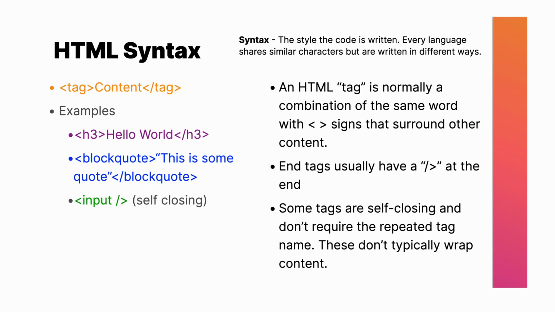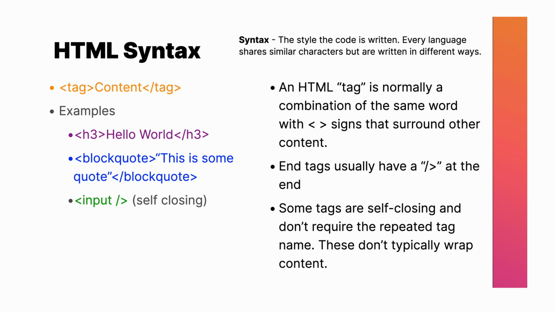I should define syntax: it's the style in which the code is written. Every language shares similar characters on the keyboard, but they are written in different ways. So the syntax is what's different. HTML is going to have different syntax than CSS.